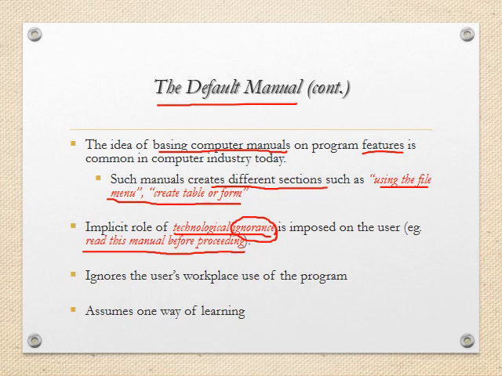So it ignores the user's workplace use of the program because it focuses mainly on the program features, and it ignores the workplace environment. Also, it assumes one way of learning, which is the default way of following a menu or program.